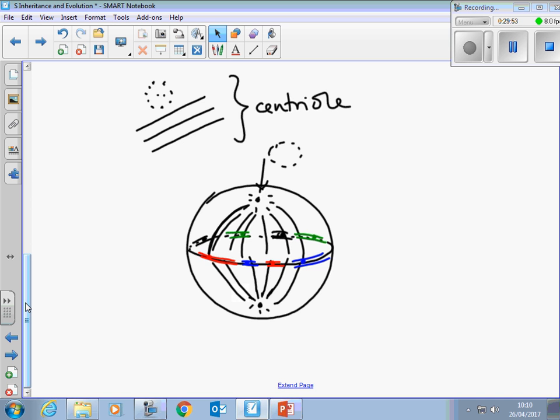We've got the nucleolus reforming. And ultimately what has to happen is that the cytoplasm divides, but that's not part of this process. Mitosis as a word really is just about the division of the nucleus. So telophase is then about the formation of two new nuclei.